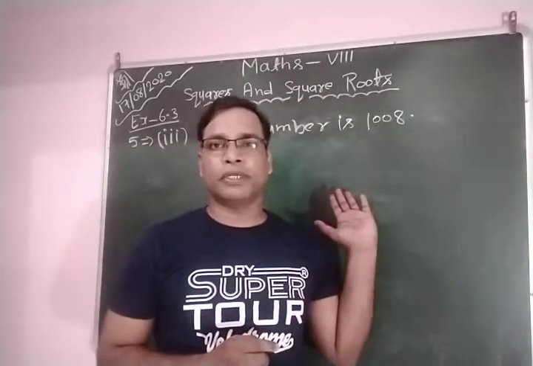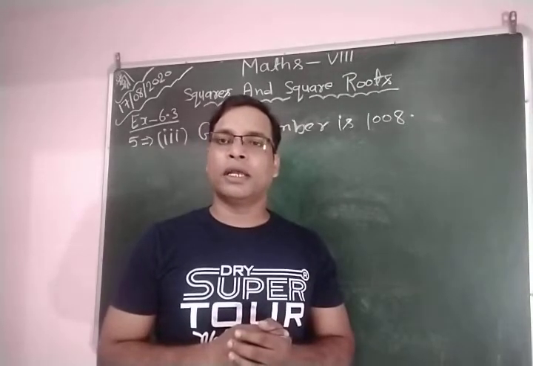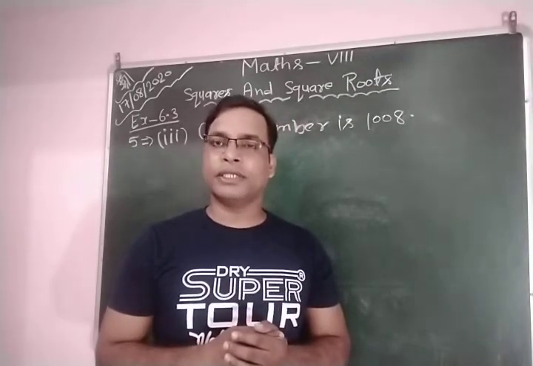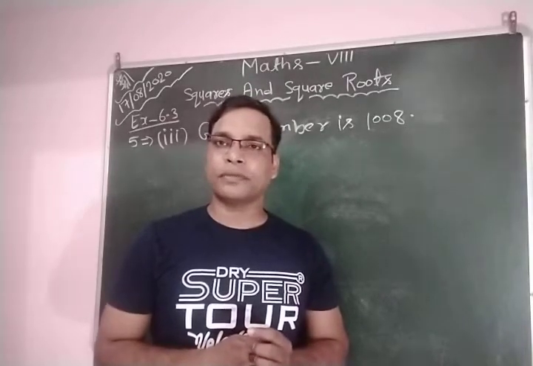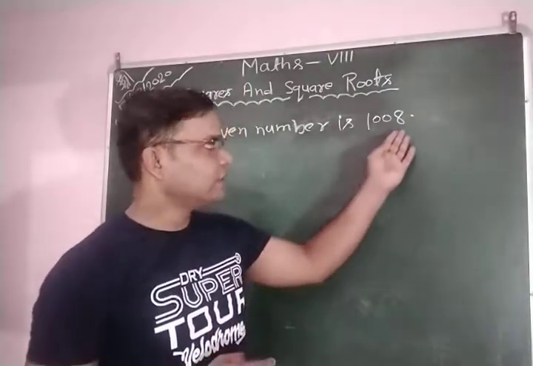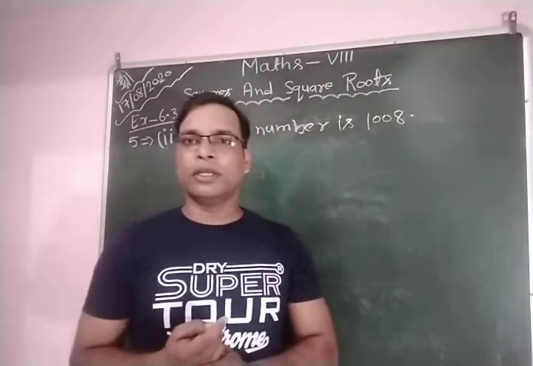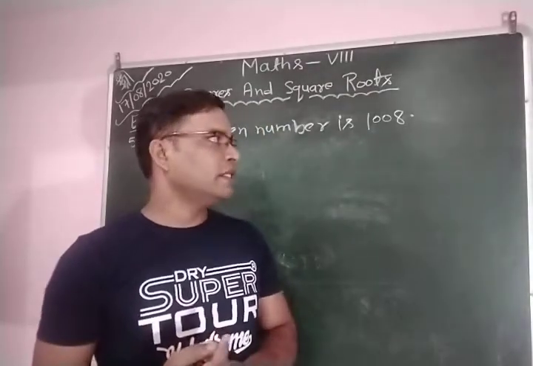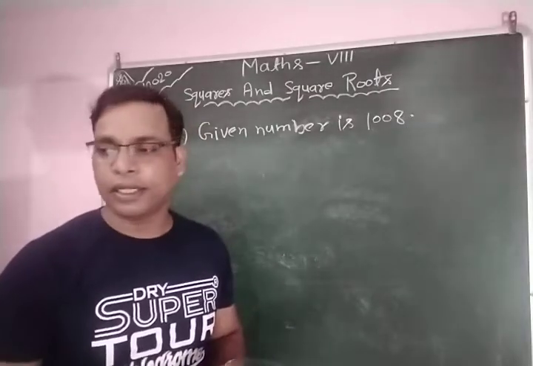So this is not a perfect square number, because perfect square numbers have their unit place as 0, 1, 4, 5, 6 and 9. But here the unit place digit is 8, so this is not a perfect square. So first we find the prime factorization of 1008.